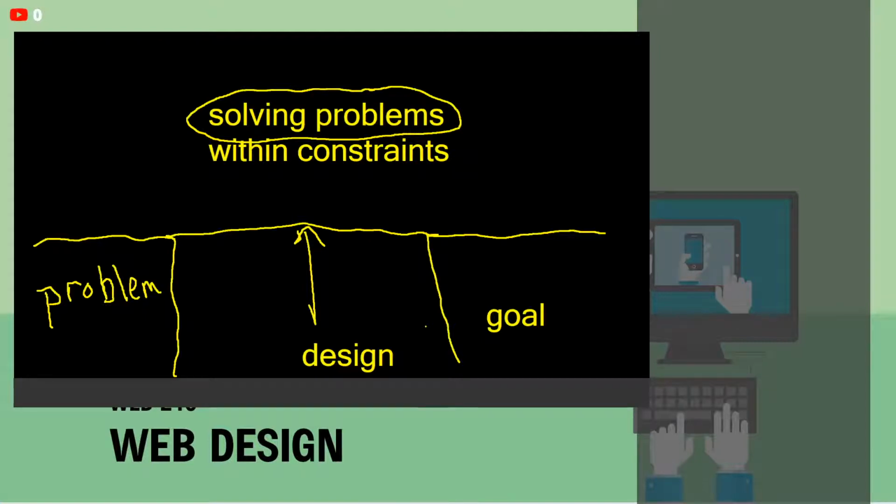But then there's this other half to this: solving problems within constraints. What is a constraint? We get deeper into what a constraint is later on in the semester. But the idea of a constraint is simply a factor that inhibits you.